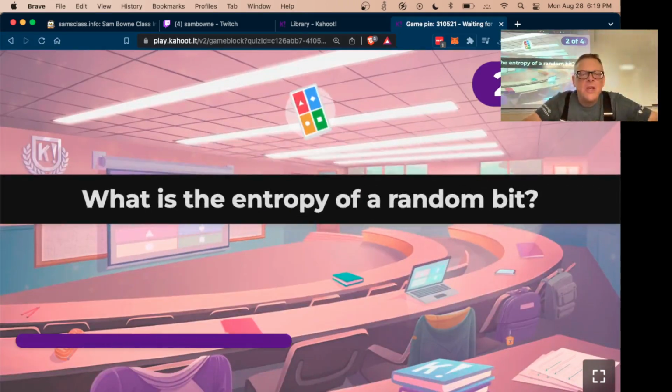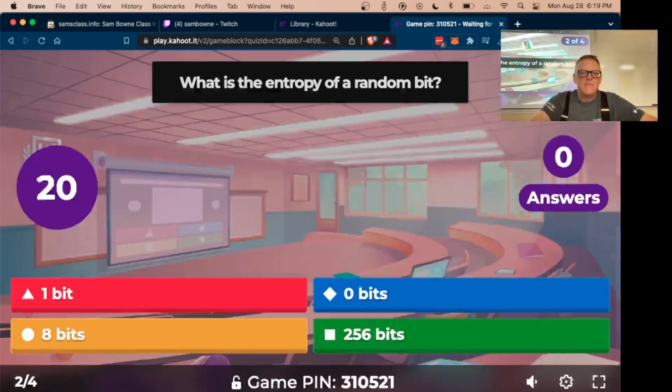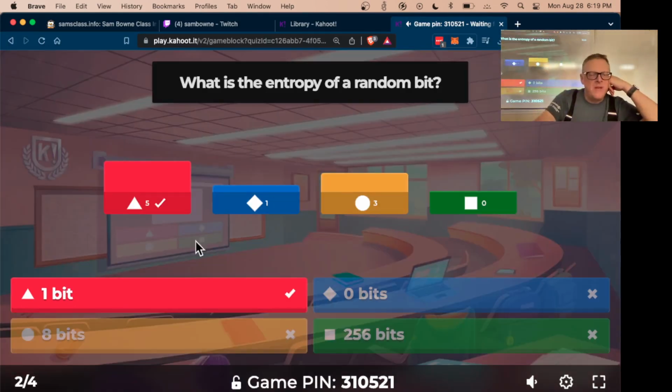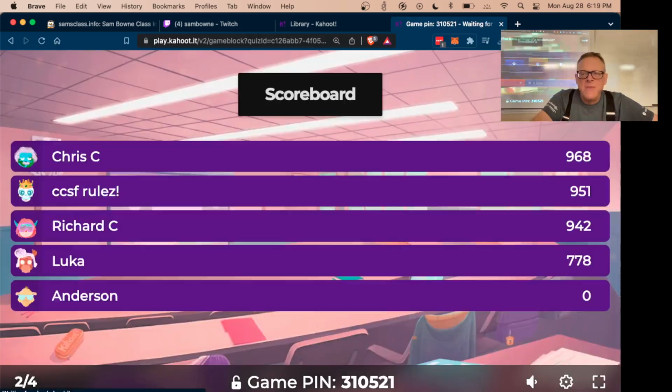All right, what's the entropy of one random bit? That's 1 bit of information. Entropy is equal to the information content. Not 8 bits in 1 bit, just 1 bit in 1 bit.